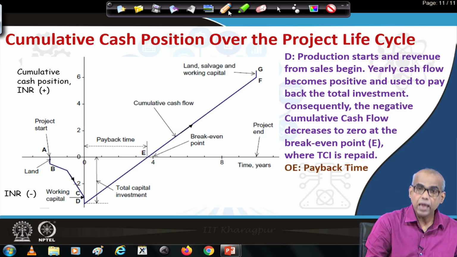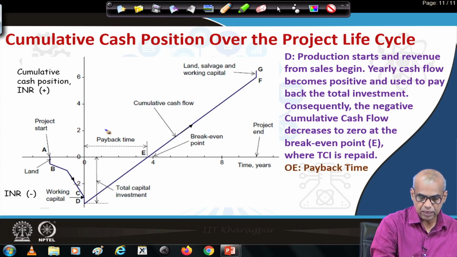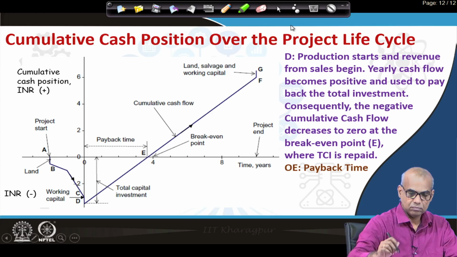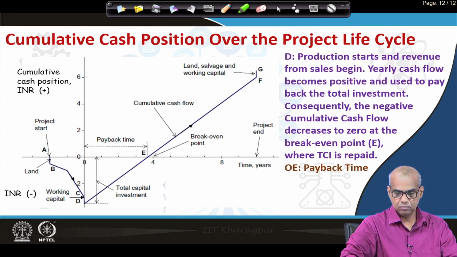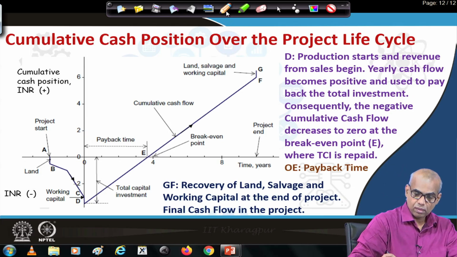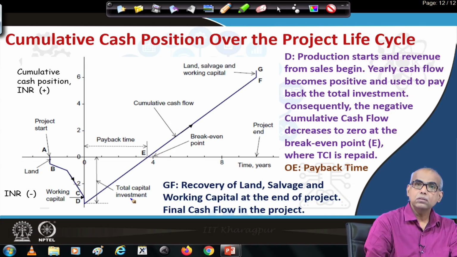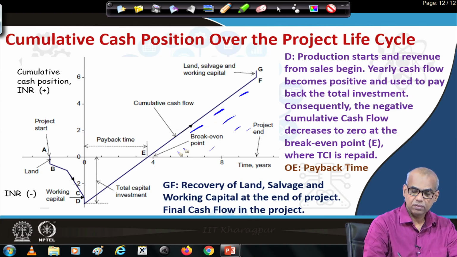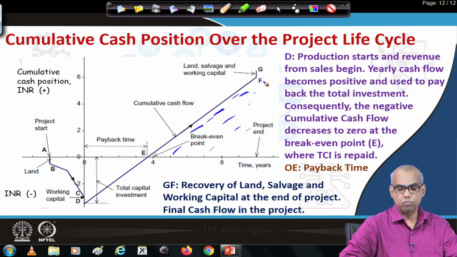So, the time over which it is done, namely OE, is known as payback time. Now, beyond time represented by point E, that means when you have crossed the break even point, you start making profit. So, here you are making profit.